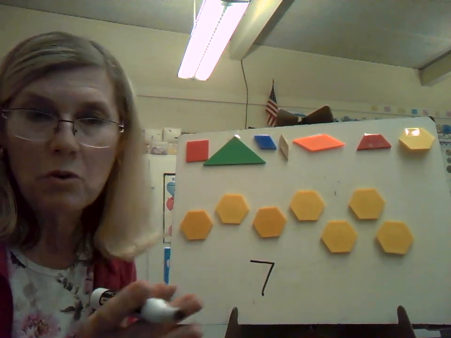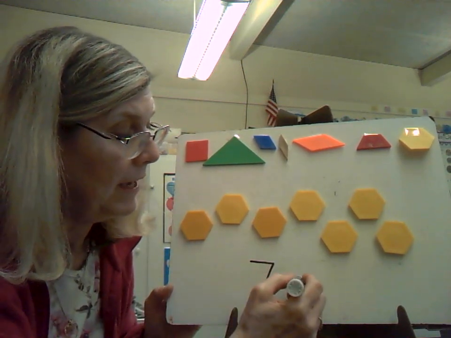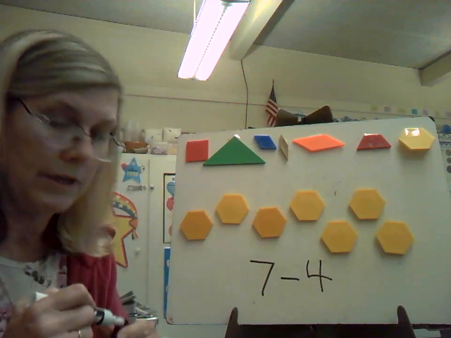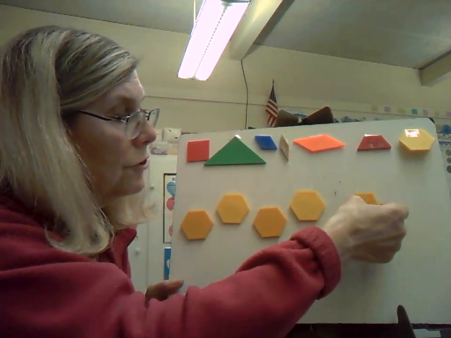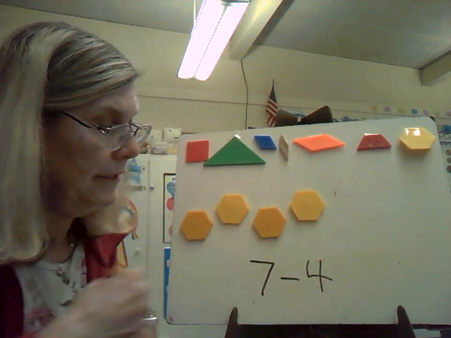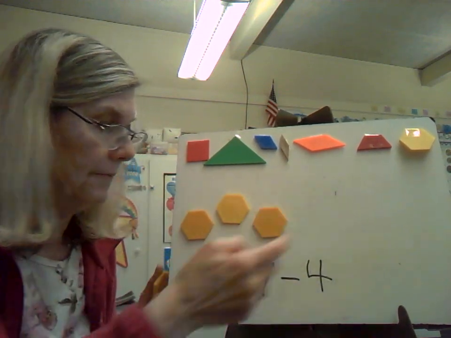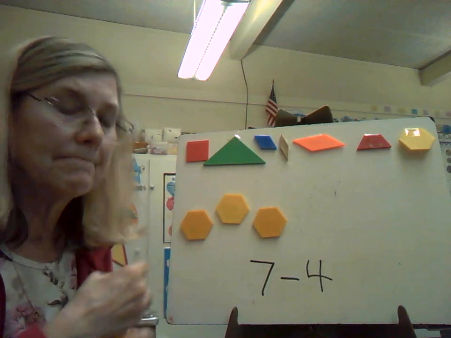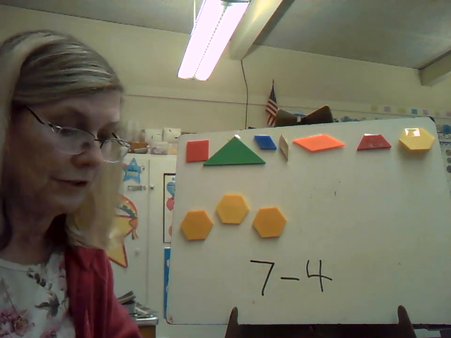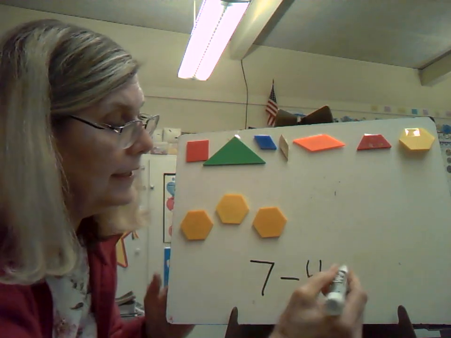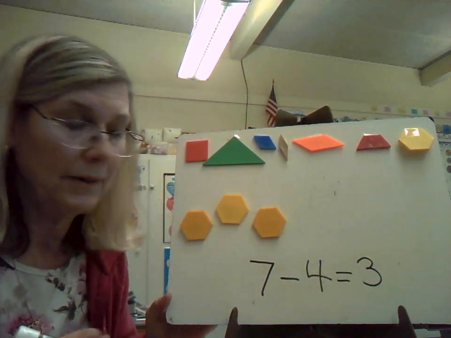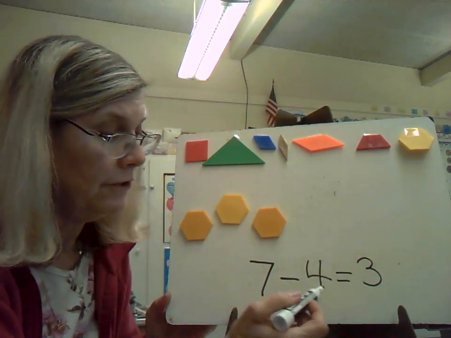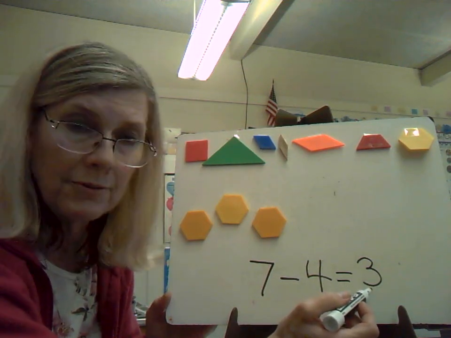This time let's have 4 go away. 7 minus 4. Okay, we'll take our 4 away. 1, 2, 3, 4. How many are left? 3, right. Our difference is 3. Equals 3. Let's say that together. Ready? 7 minus 4 equals 3.